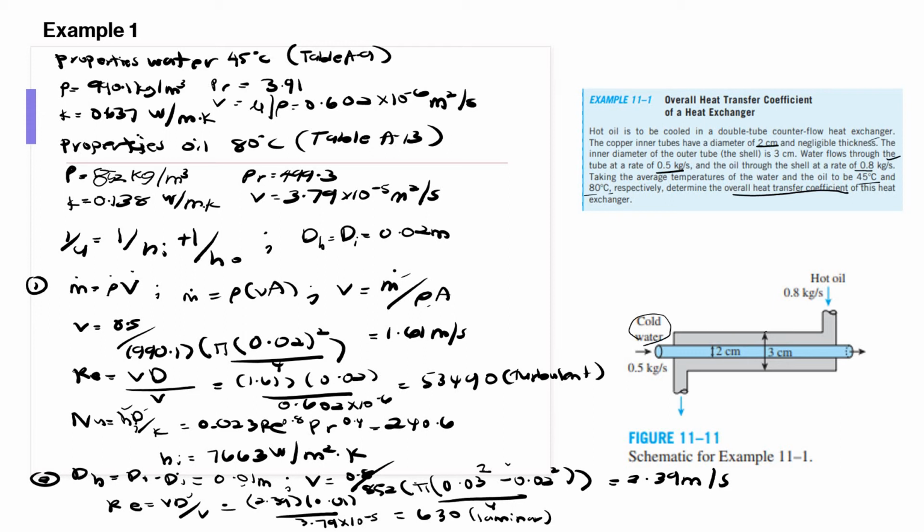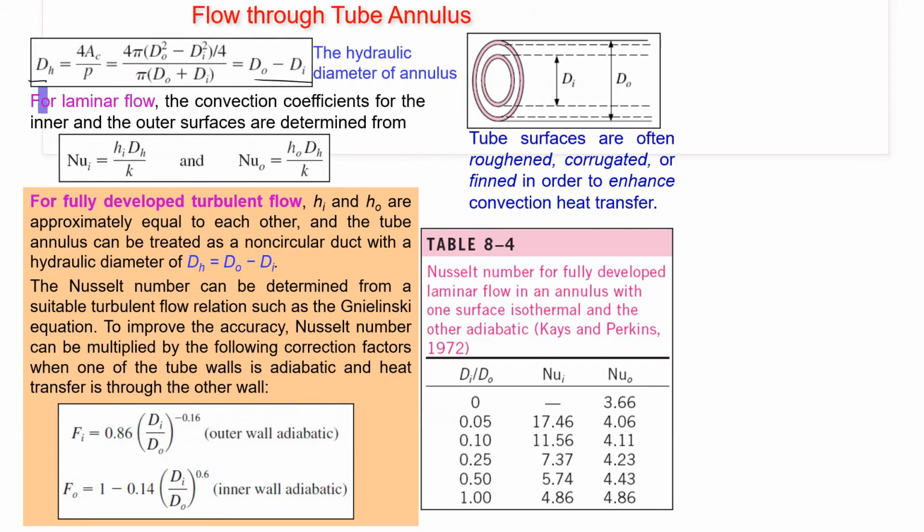So in order to get the inner Nusselt number, we need to calculate the ratio of Di over Do. So Di over Do is 0.02 over 0.03. So the ratio is 0.667.